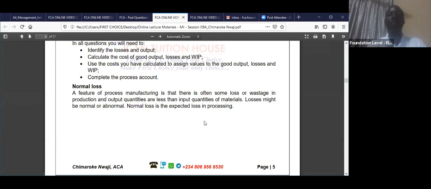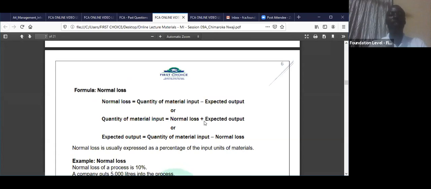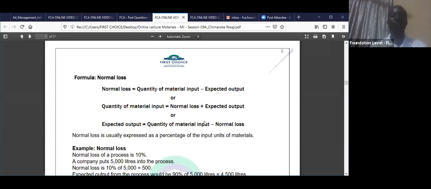Losses could be normal, or they could be abnormal. Normal losses are what you expect in the process. So look at the formula for normal losses. Normal loss equals quantity of material input, what you put in, minus what you are expecting out. For example, I put in 1,000 and I'm expecting 990. So the difference, which is 10, is the normal loss.